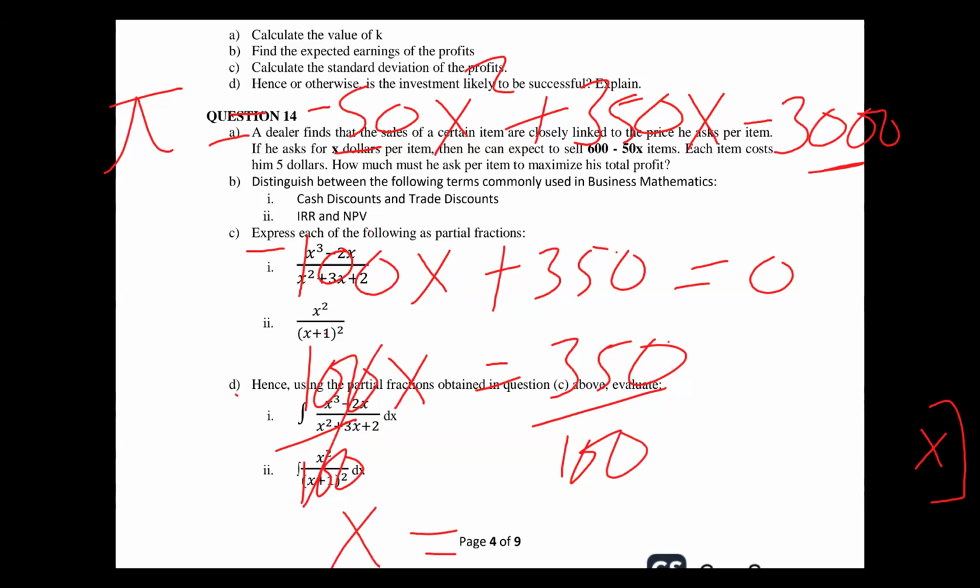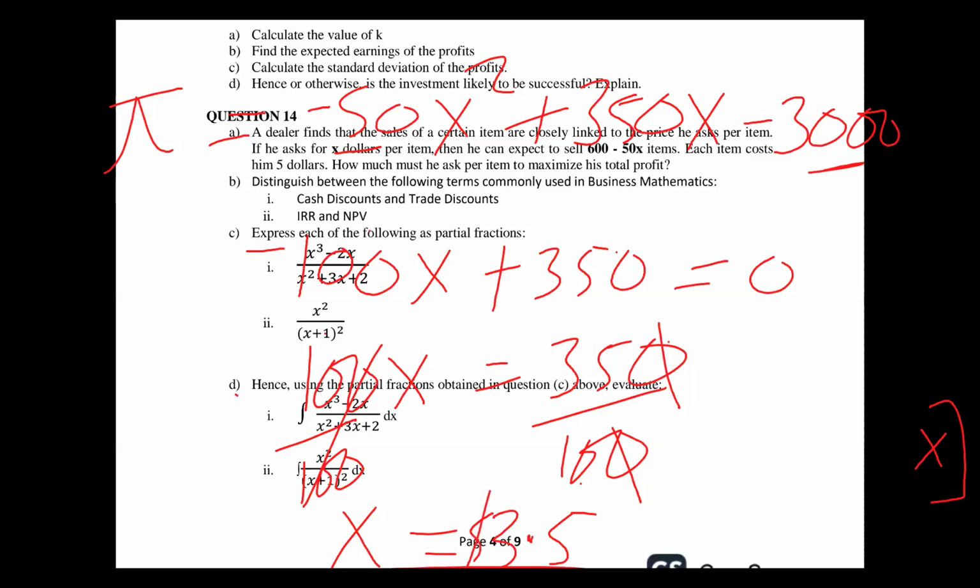So 350 divided by 100 is 3.5. Yes, $3.5. You get it? This is the price. Good.